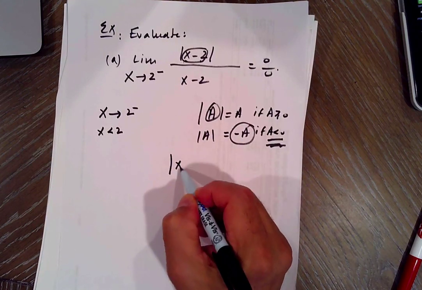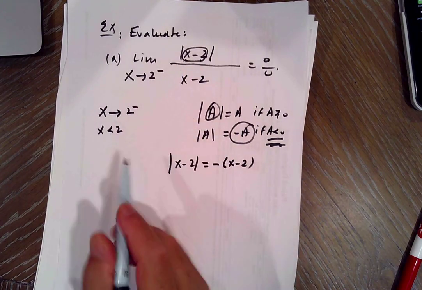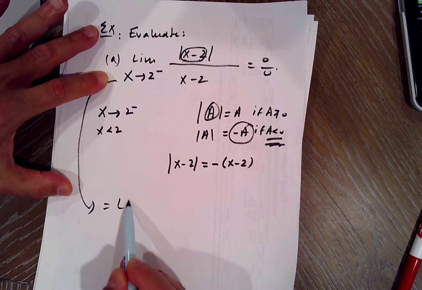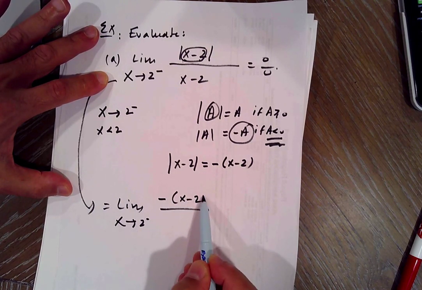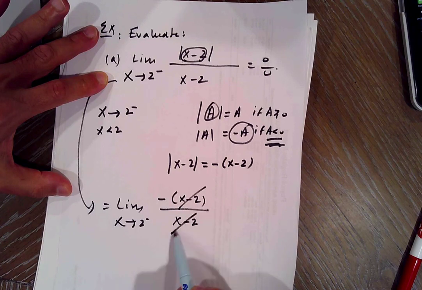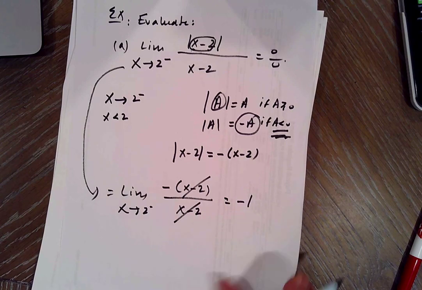So the absolute value of x minus 2 is the opposite of x minus 2, and that's what we're going to put in there. Limit as x goes to 2 from the left, the opposite of x minus 2 over x minus 2, which is negative 1. Negative 1 over 1 is negative 1.